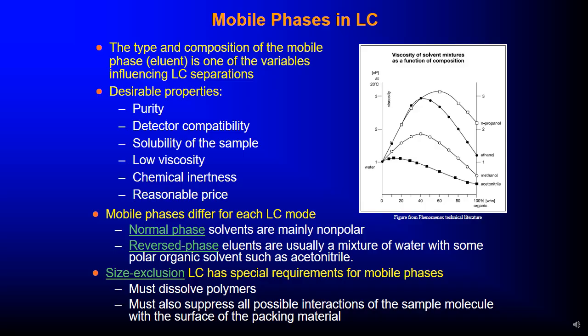So mobile phase differ for each liquid chromatography mode. So normal phase solvents are mainly non-polar, and reverse phase eluents are usually a mixture of water with some polar organic solvents such as acetonitriles.